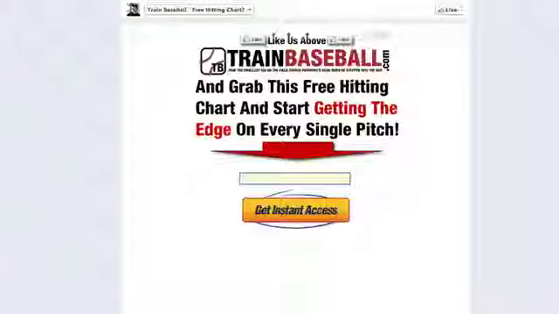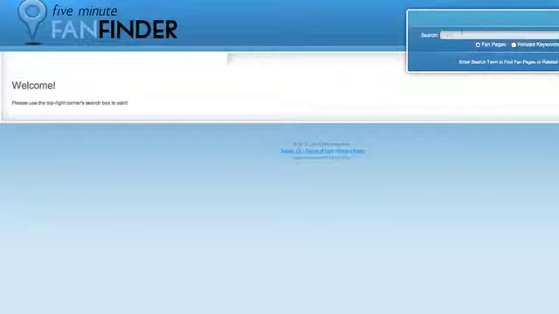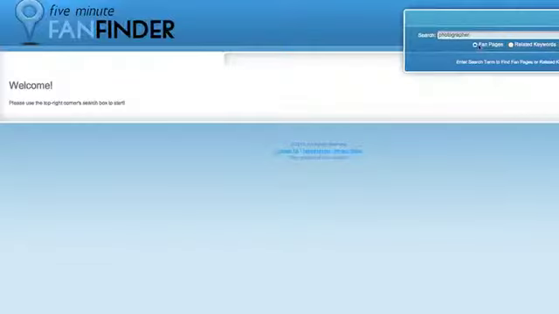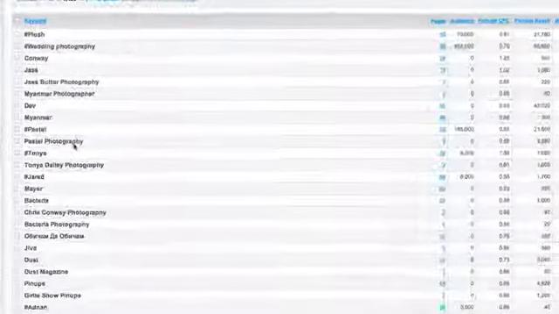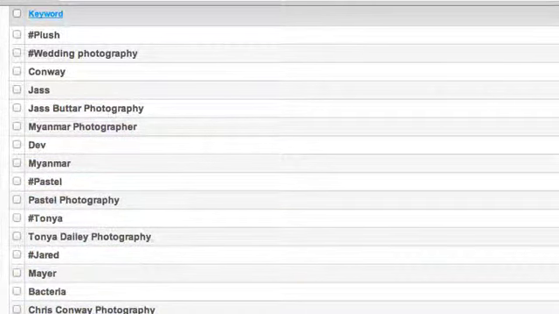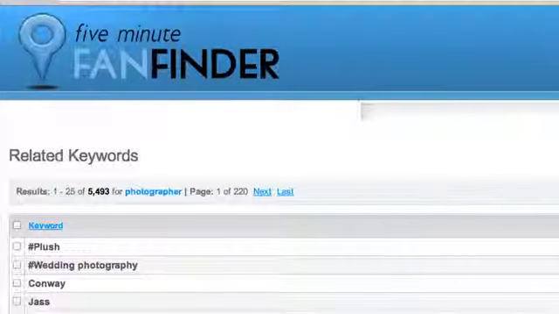So what you can do, if I'm trying to find photography keywords or photographer, if I want to find a bunch more keywords to put down in this area, I can search photographer, find related keywords, hit search, and this is going to give me all of the keywords across Facebook. You see, there's 5,500 keywords that I didn't even know existed.